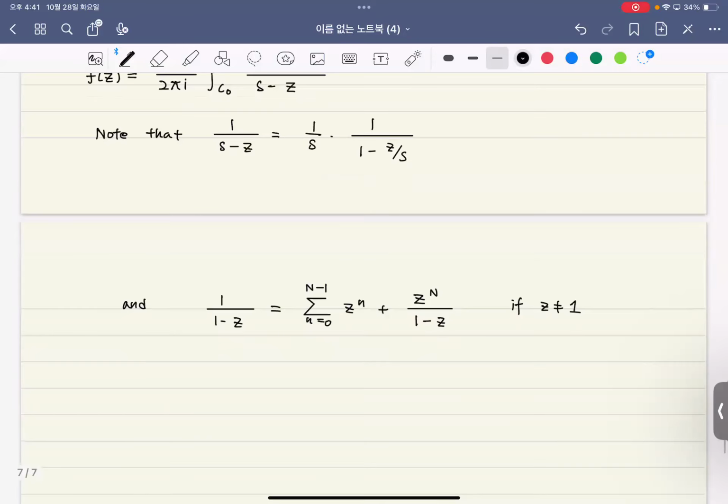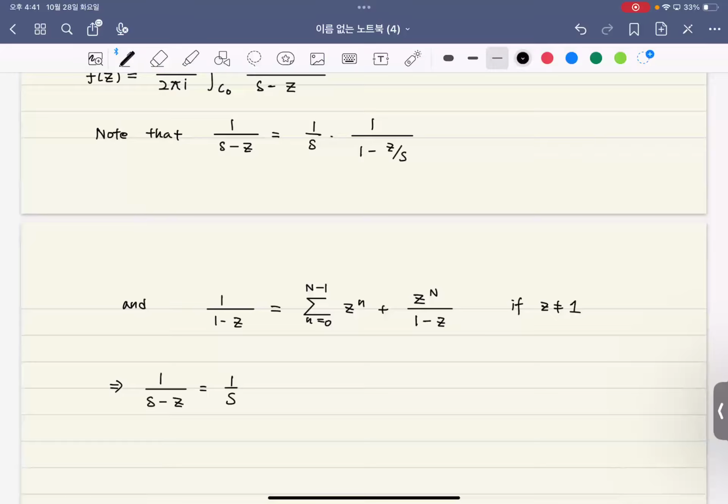All right, so I'm gonna make use of this formula onto this fraction. 1 over s minus z is 1 over s, and now my z is just z over s.